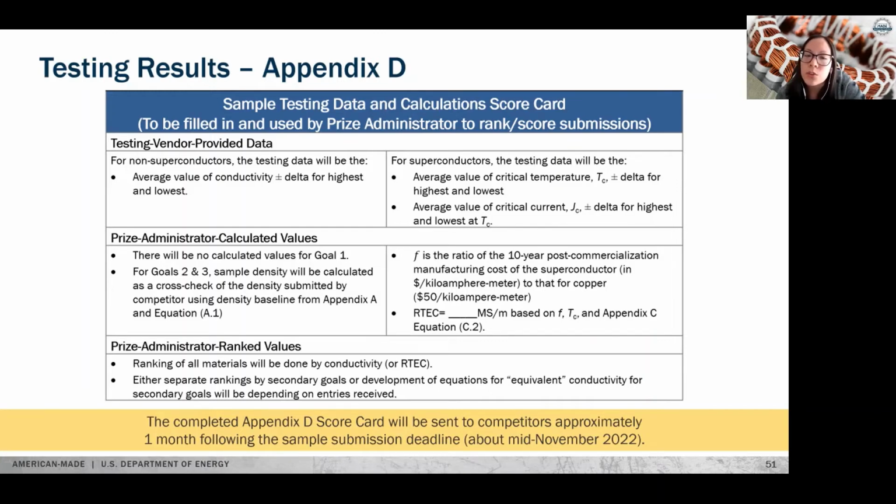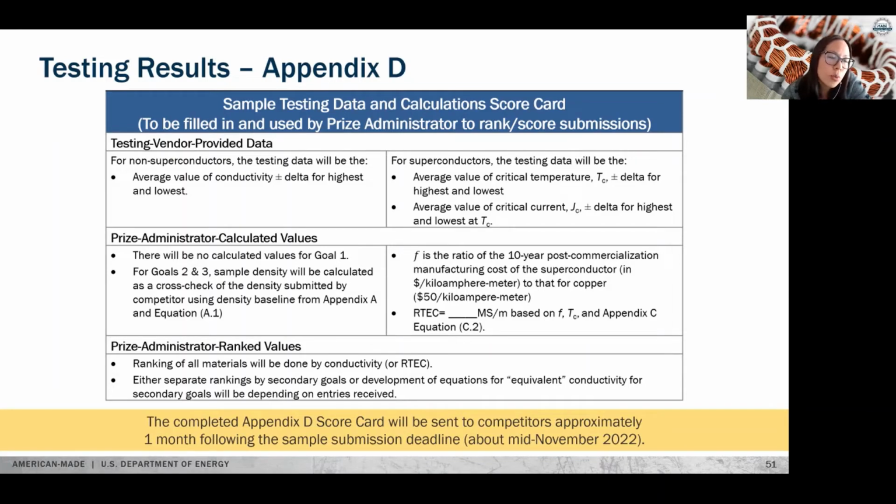The room temperature equivalent conductivity, or as we fondly call it, RTEC, will also be calculated in millisiemens per meter. That's based on the equation that we discussed earlier, and it can be found in Appendix C, equation C.2.